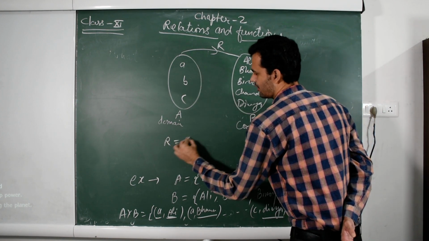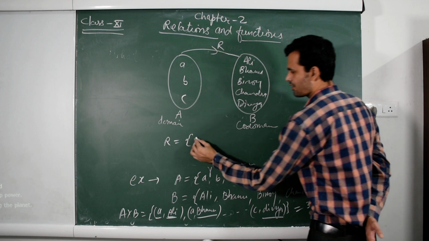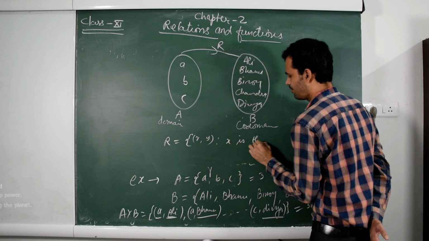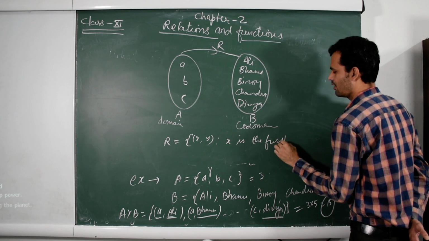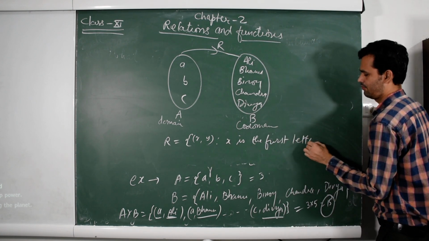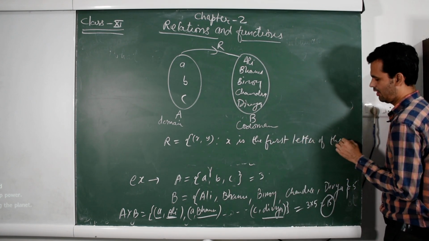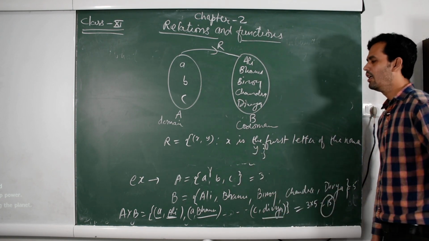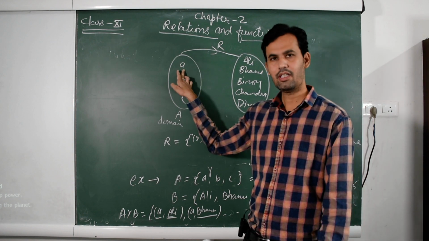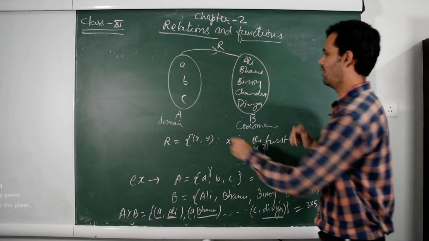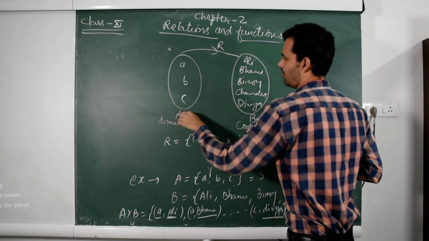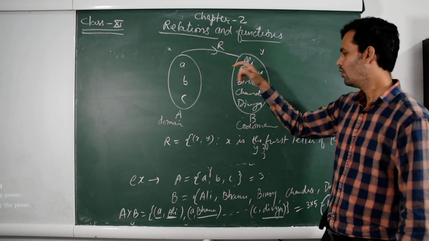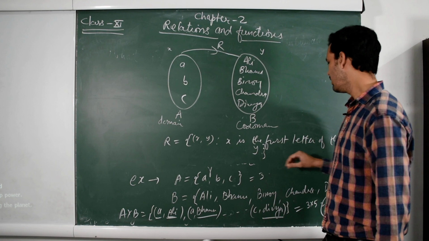Here we take one relation: X, Y, where X is the first letter of the name Y. X are the elements of A, B, C and Y are the elements of this set. So X is the first letter of the name.